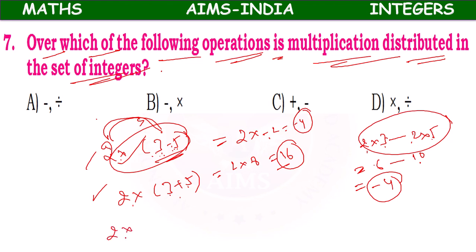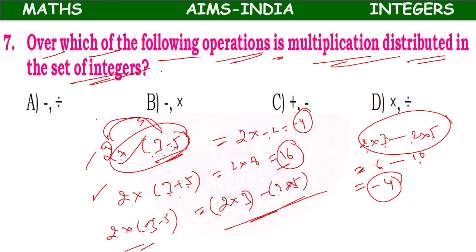Means 2 into (3 minus 5) equals 2 into 3 minus 2 into 5. So multiplication is distributed over subtraction. From this we can tell multiplication is distributed over subtraction.